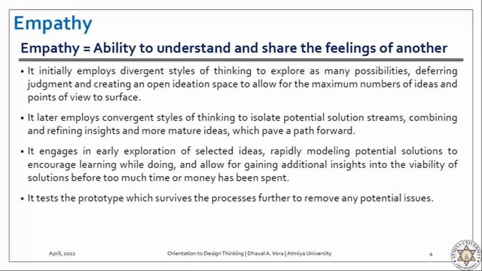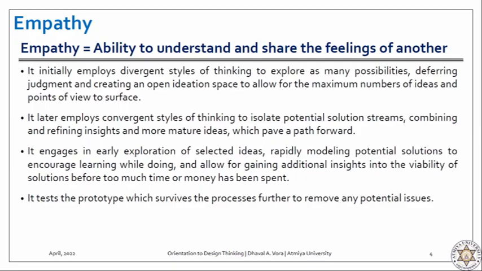It initially employs divergent styles of thinking to explore as many possibilities as possible, deferring judgment and creating an open ideation space to allow for the maximum number of ideas and points of view to surface. Divergent style of thinking means that when you are going to find the solution to a particular problem, you can have multiple solutions, so you have to think about multiple solutions.